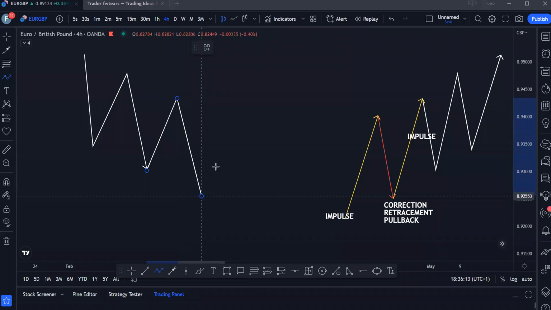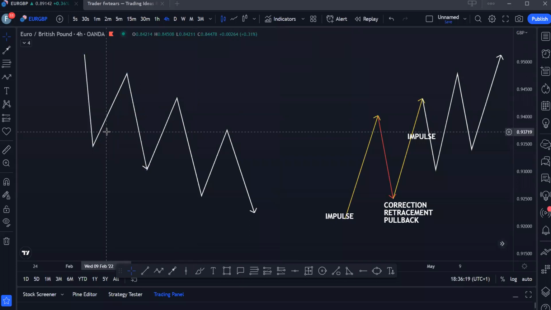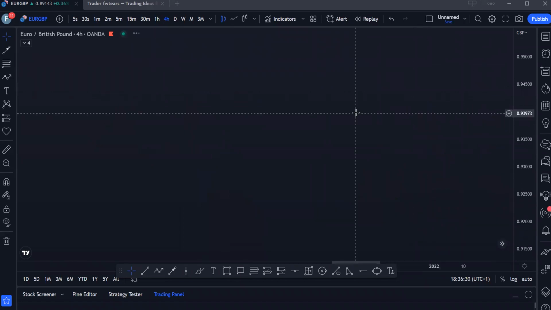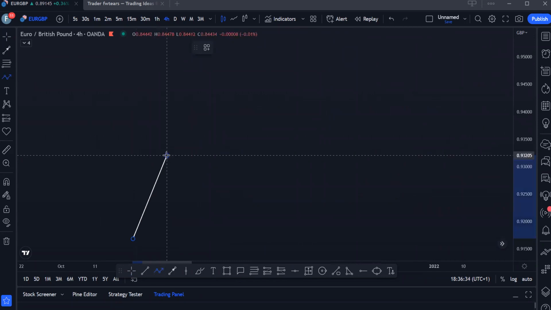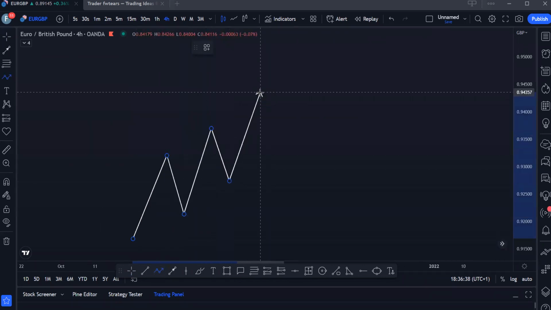All right. So you are combining corrections and impulse. So as long as you keep having impulse moves and correction moves, right, the trend is going to continue. Now let's go a bit further to dissect a trend. So now we know what an impulse move is: correction, impulse, correction, and impulse.